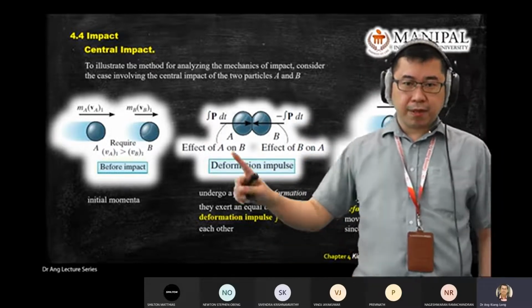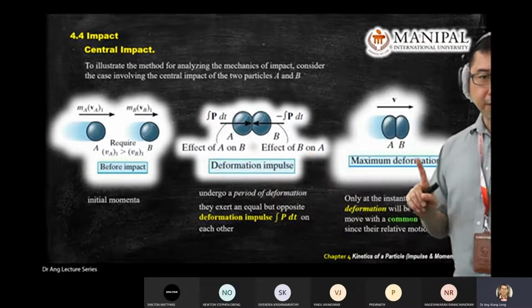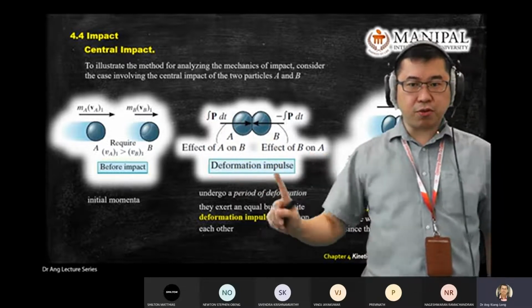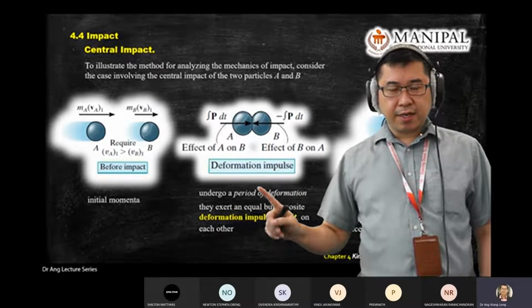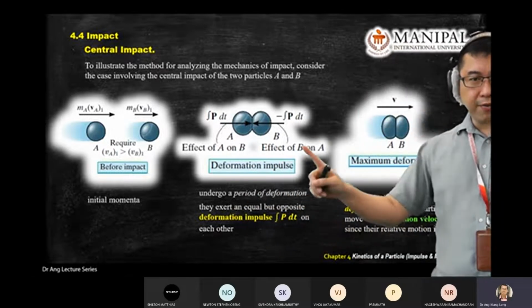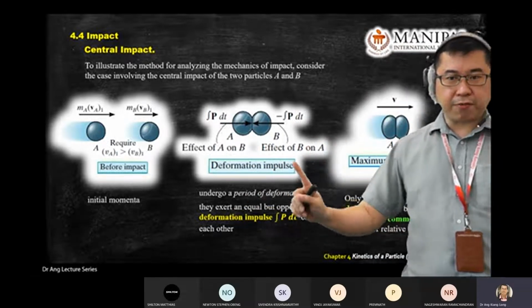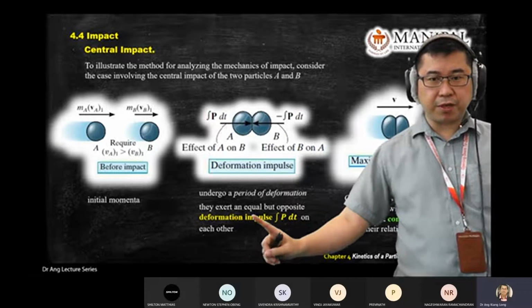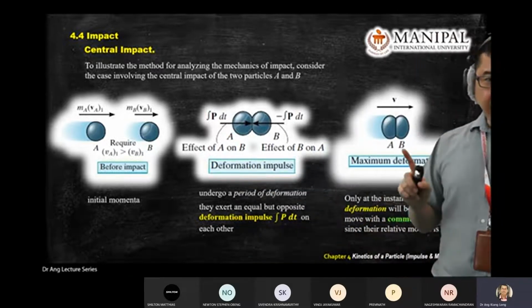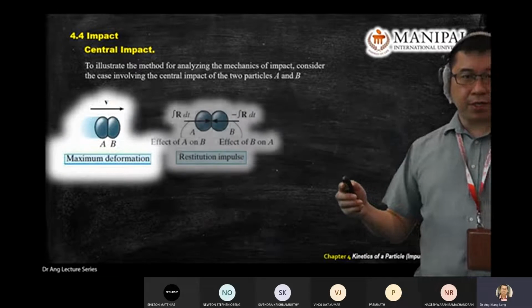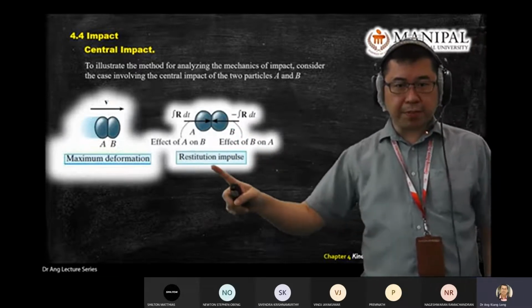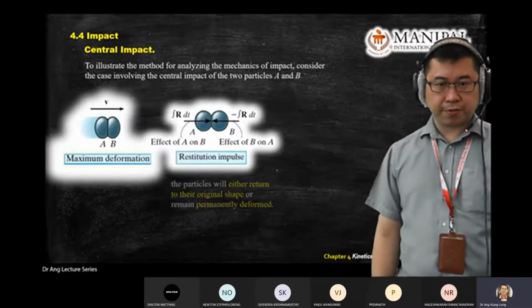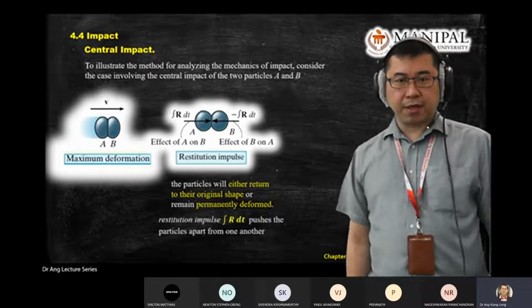Before maximum deformation, under the deformation impulse, we use P. After maximum deformation, we use R to represent the restitution force.